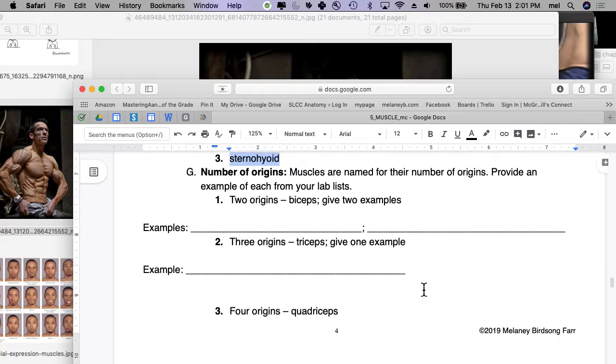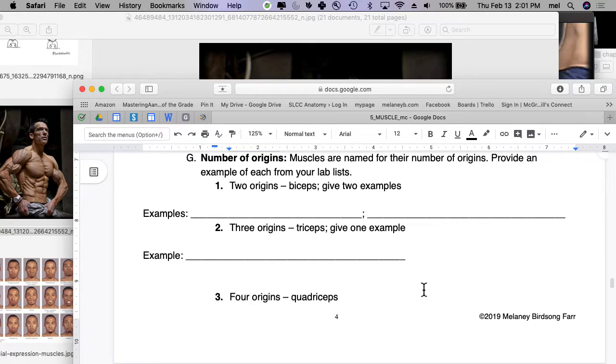Last but not least, the last way that muscles are named is by the number of origins. And listen to this because it's important. Muscles that are biceps always share a common insertion and have two origins. Biceps, two origins, common insertion. That means less memorization. If you know that both heads of the biceps brachii share exactly the same insertion, then all you have to do is find the origins, yes?